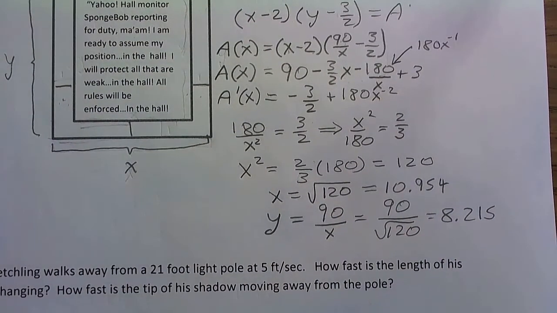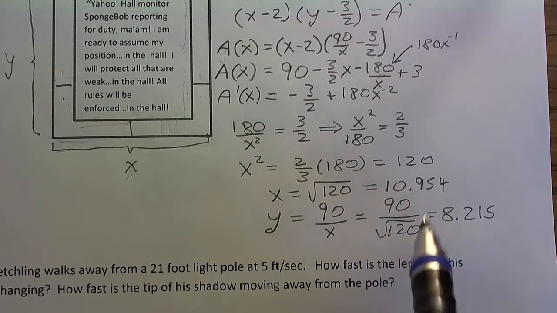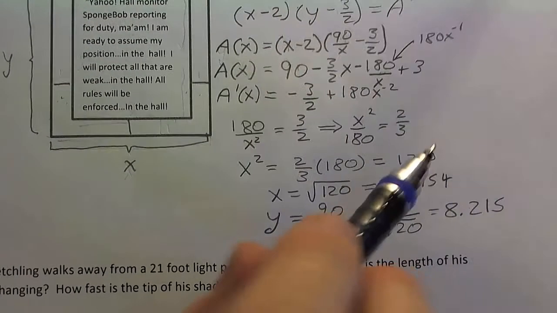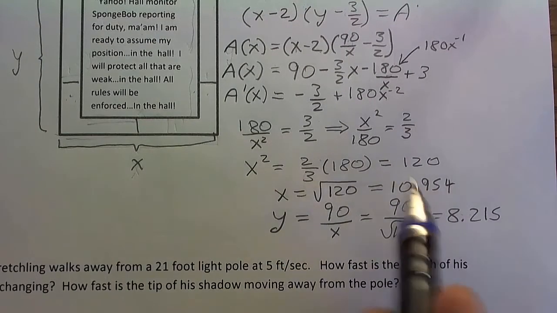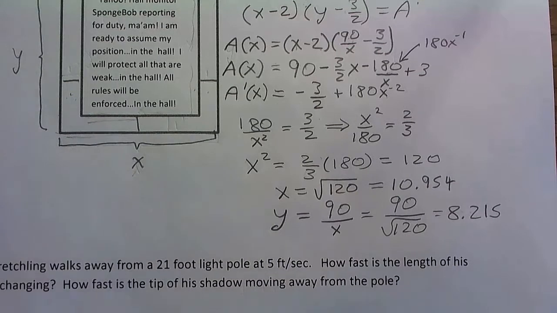I'm just truncating three decimal places. Okay, now if we multiply these two together, we should get very close to 90. Because I did some rounding here, so we're going to be off by a little bit, but you can kind of check where you are there.